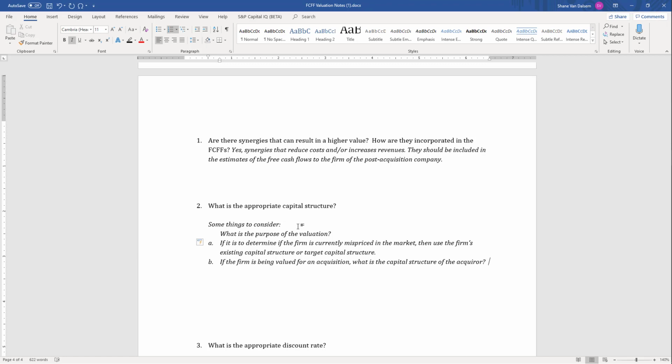So what is the capital structure of the acquirer, especially if the acquirer is a much larger firm? Okay. How is the acquisition being financed?